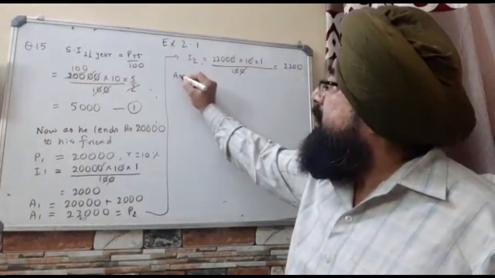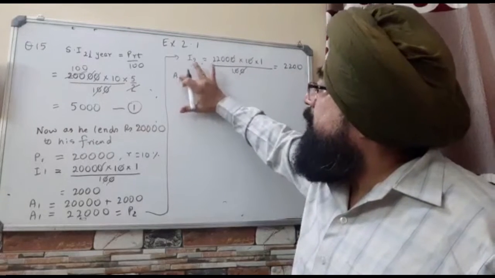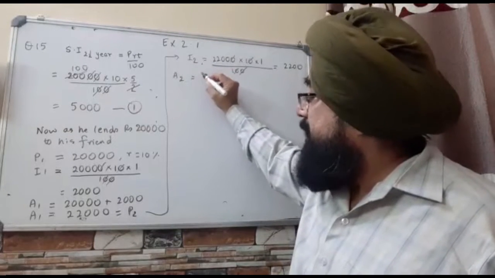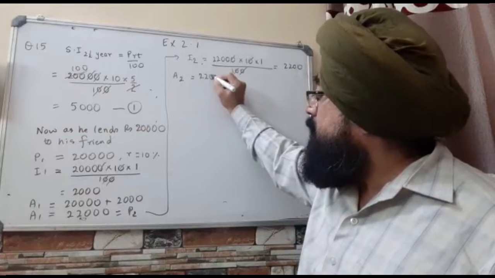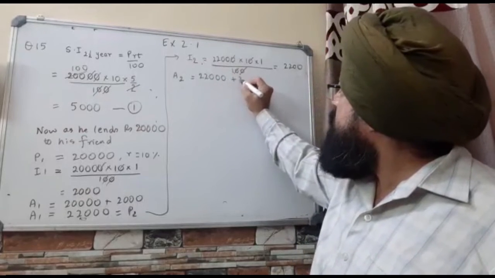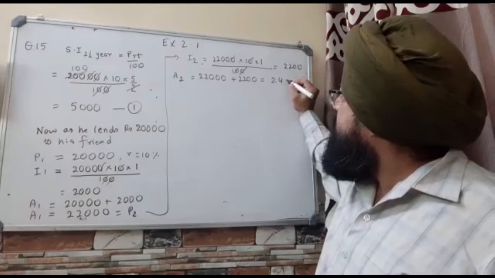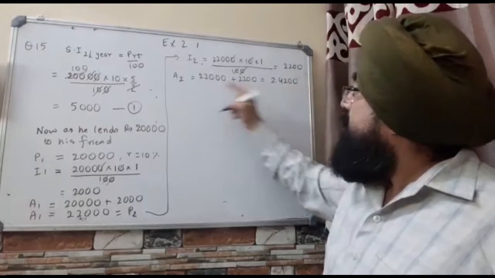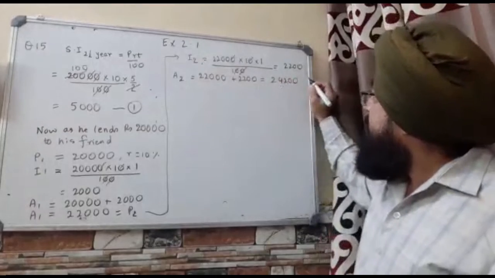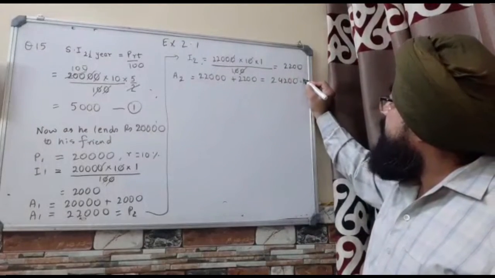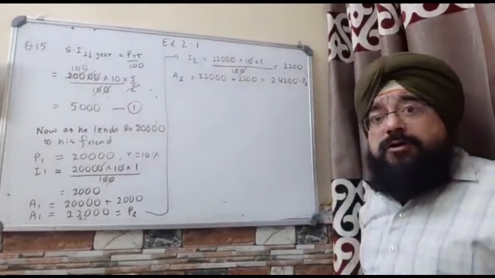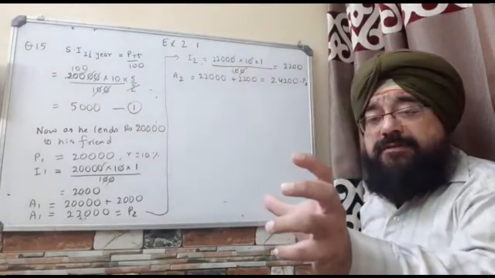With this you can calculate amount at the end of second year. That will be equal to P2, which is 22,000, plus 2,200. That makes it 24,200. Your amount at the end of second year, and this, mind you, becomes the principal for the third year, or for whatever time is left, P3.